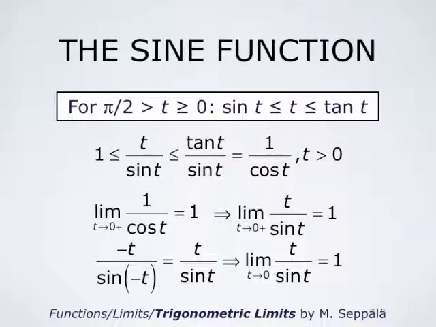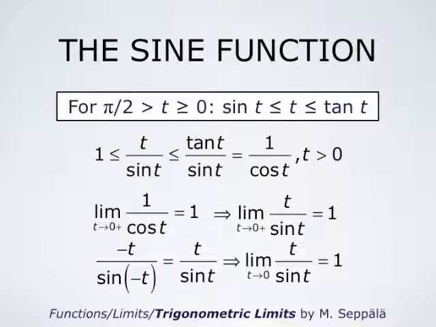And since now the limit as t goes to 0 through positive numbers of t divided by sine of t is 1, also the limit as t goes to 0 through negative numbers of t divided by sine of t is 1. And this means that the limit of t divided by sine of t as t goes to 0 through positive or negative numbers is 1.